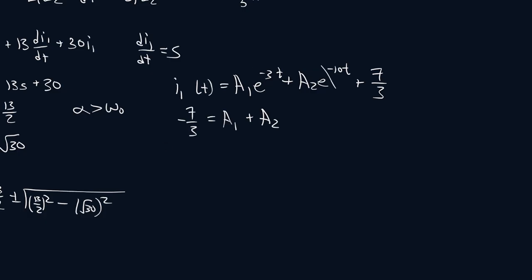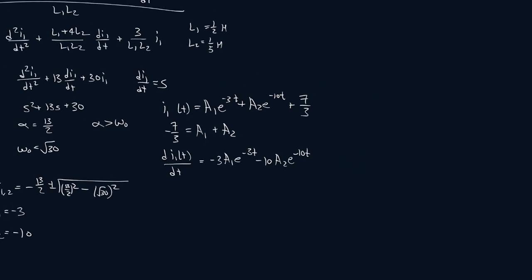Next thing we're going to do is differentiate all of this. So dI1(t) over dt equals minus 3 a1 e^(minus 3t) minus 10 a2 e^(minus 10t) plus 0.